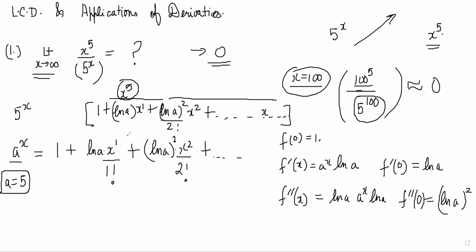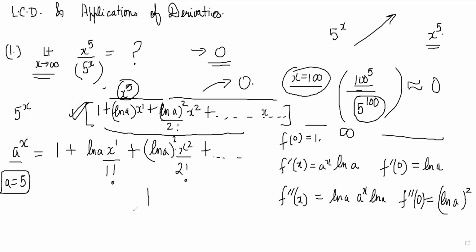So when you have a higher degree polynomial in the denominator and the upper degree is 5, the limit will be 0. Divide by x power 5 and the first 5 or 6 terms will be 1 by something, 0, 0, 0 and so on, and after some time it will be infinity. That will become 0.